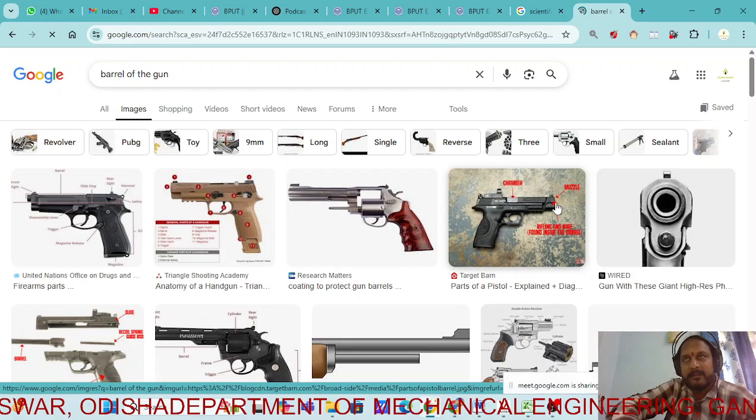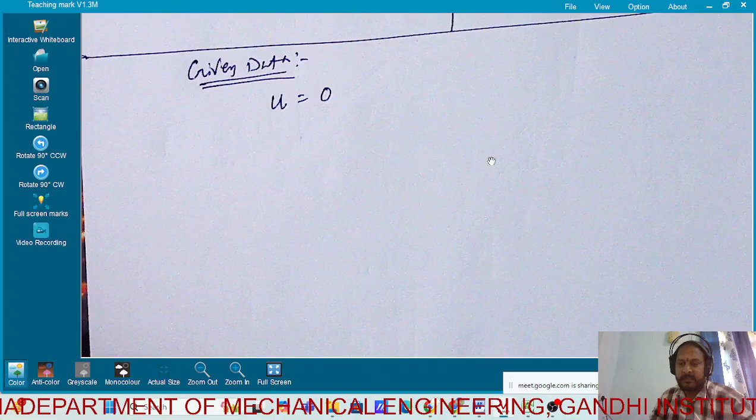Now again, the same thing. What is the given data? Initial velocity of the bullet is how much? 0. Because the problem is totally about the bullet, not about the gun.